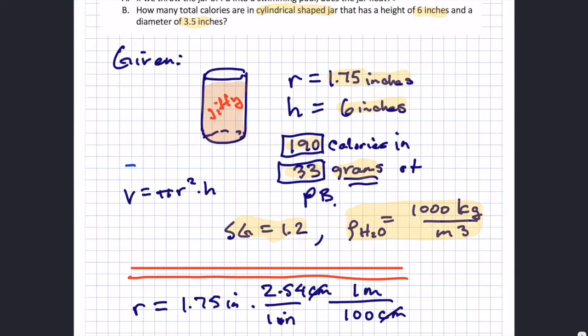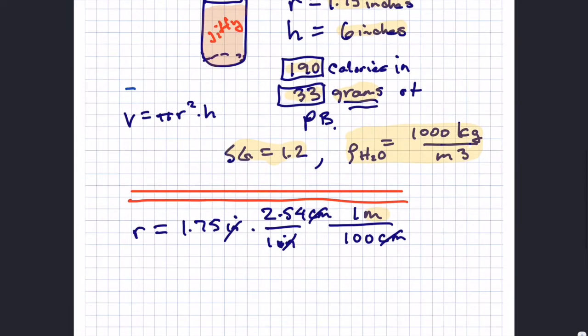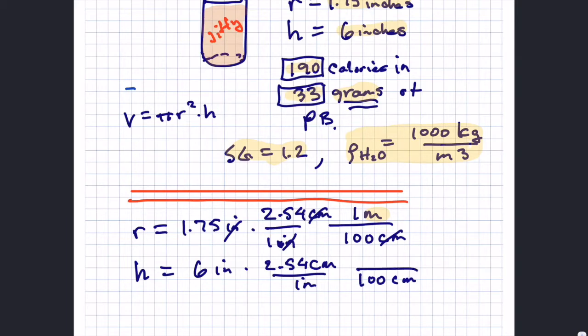Notice these cancel and we're left with just meters. We can do the same thing for H: 6 inches, 2.54 centimeters in an inch, and 100 centimeters in 1 meter. Rearrange these so all of these cancel, and once again we're left with meters.